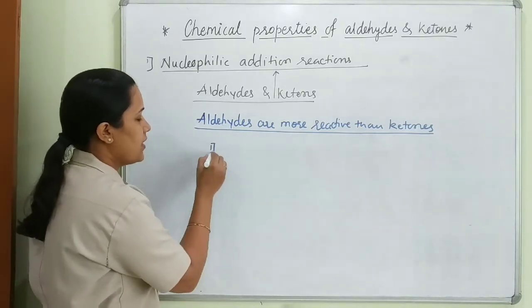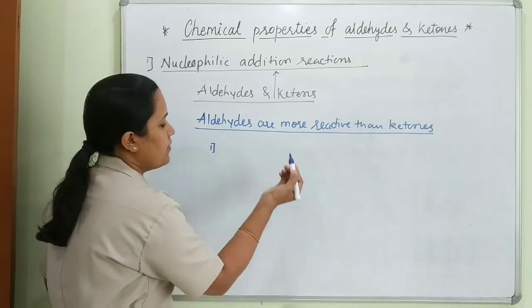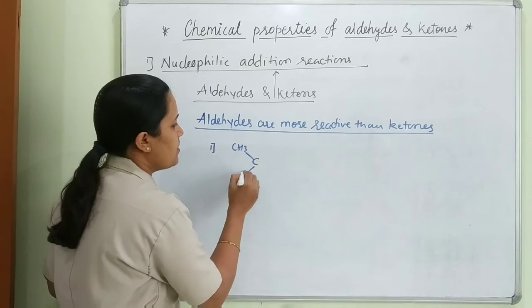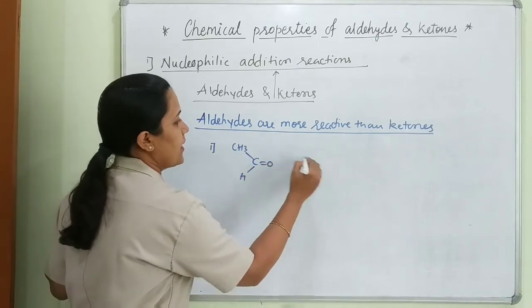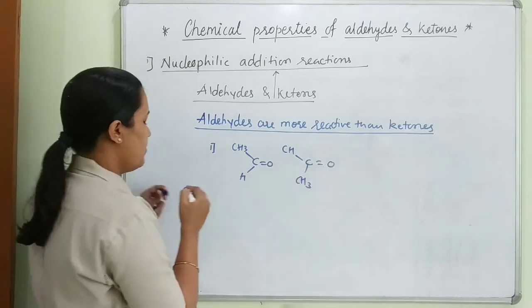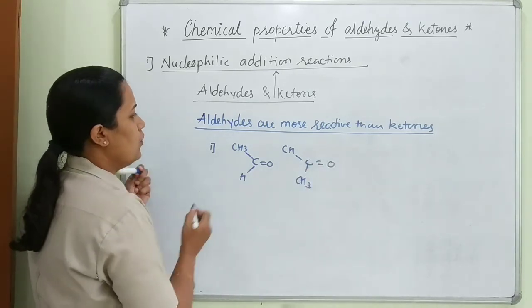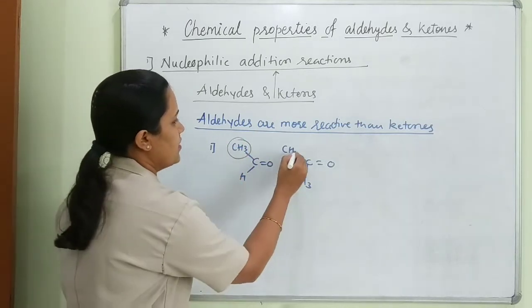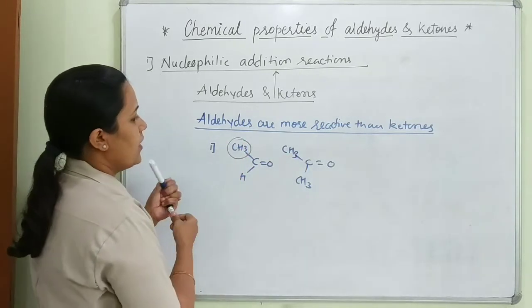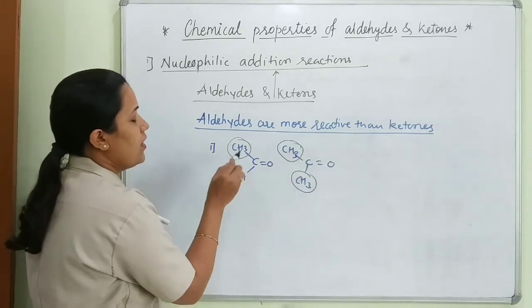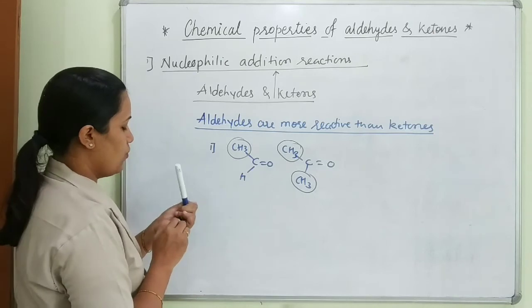Because, let's take the first factor and compare a simple aldehyde and a ketone. If I compare the simple aldehyde and ketone, I can see that in ketones there is a presence of two methyl groups, and in aldehyde only one methyl group is there.